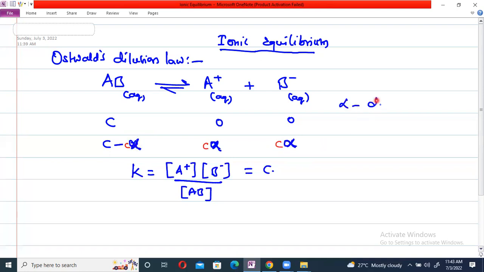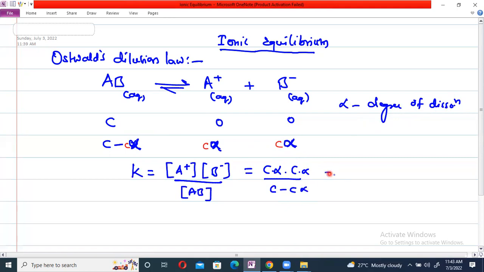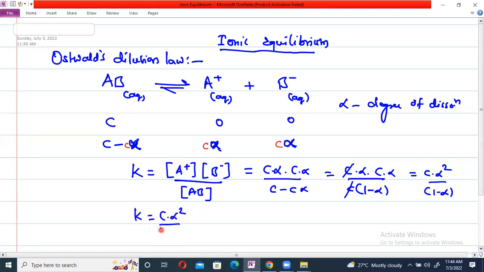Alpha is called the degree of dissociation, that is called DOD. C alpha into C alpha by C minus C alpha. C is common, 1 minus alpha. C and C get cancelled. C alpha square by 1 minus alpha. So we can write the formula K equal to C into alpha square by 1 minus alpha.